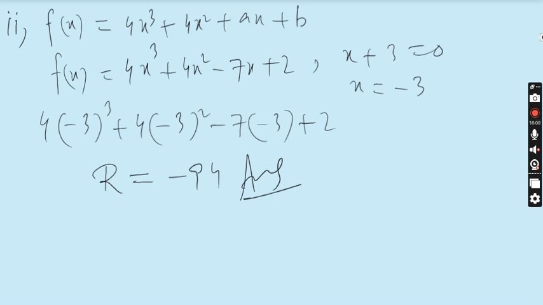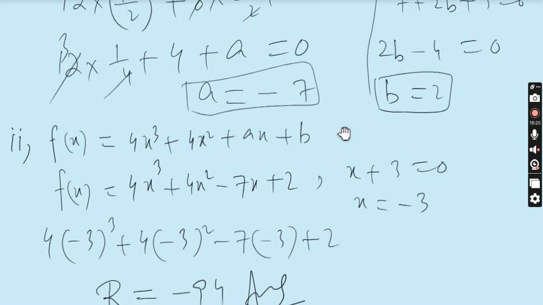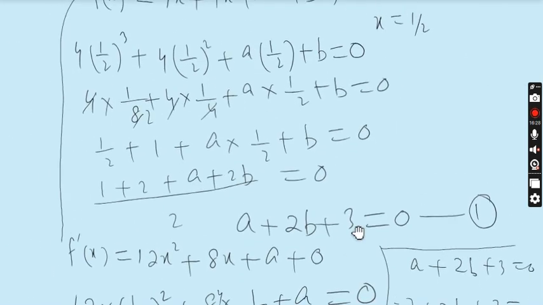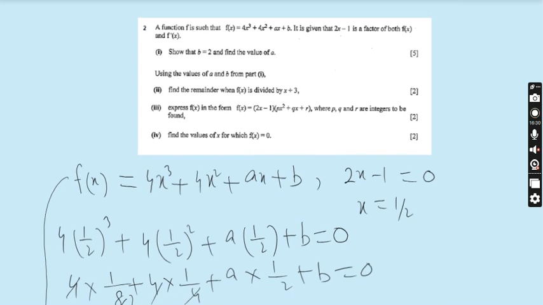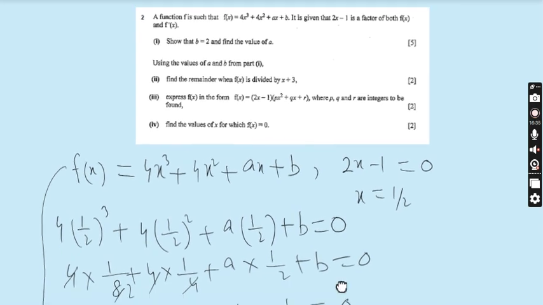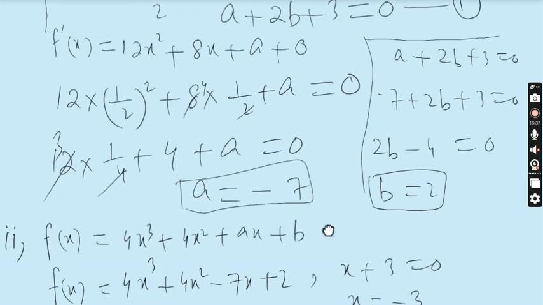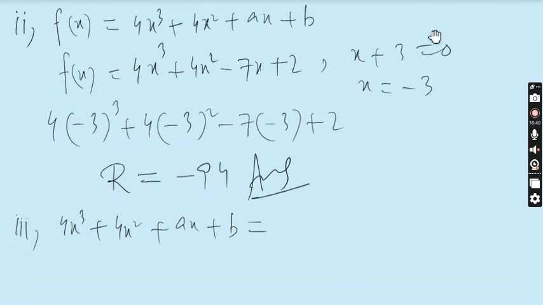What is f(x)? 4x cubed plus 4x squared plus ax plus b is equal to, what was your factor? It is 2x minus 1. So first write 2x minus 1.